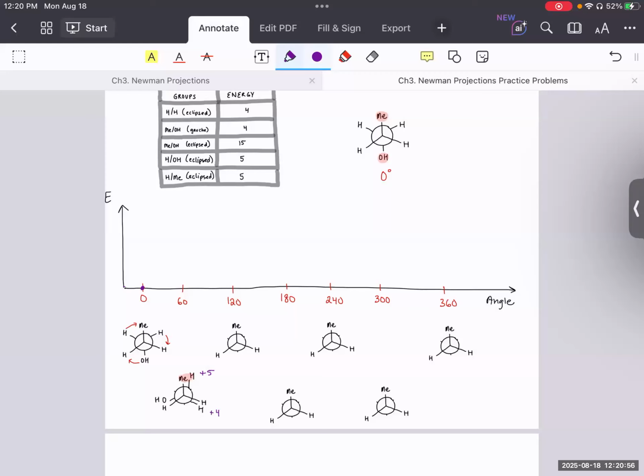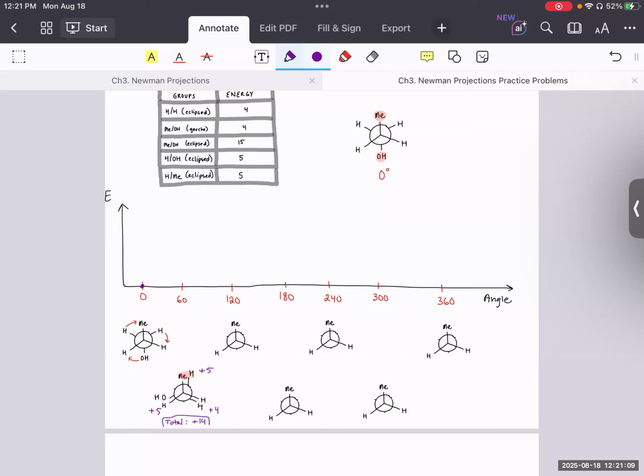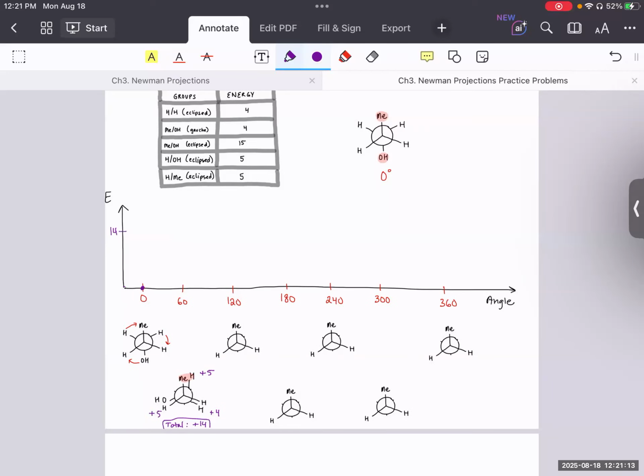And then a hydrogen and an OH group eclipsing, so +5. We have a total of +14 here, so our energy at 60 should go up to 14. And so we'll put a dot right here.